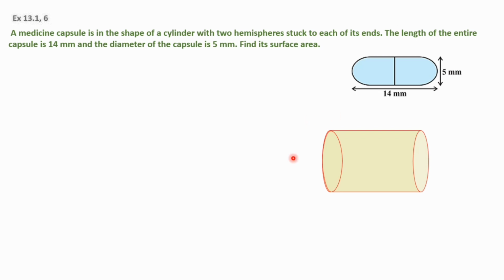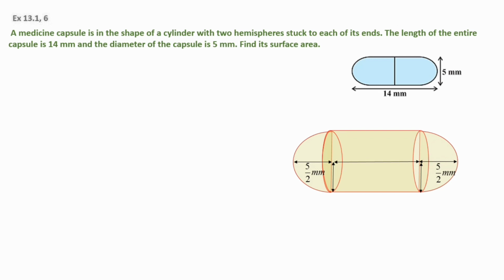And let's visualize it once again. So there is a cylindrical portion and both the ends are hemispheres. Then let's mark it here. Here the diameter is 5 millimeter, in the sense the radius is 5 by 2 millimeter. The radius of the hemispherical portion is 5 by 2 millimeter. Then here the height of the cylinder we need to calculate. The total length is 14 millimeter, and on the left side 5 by 2 millimeter is gone. 5 by 2 means 2.5, and on the right side also 2.5 is gone.